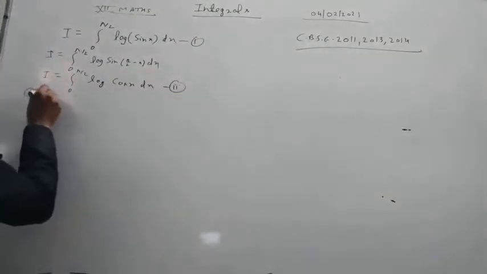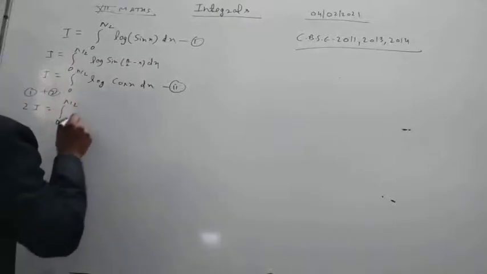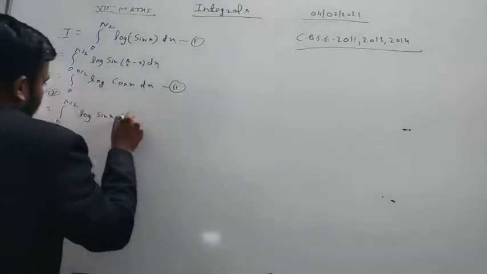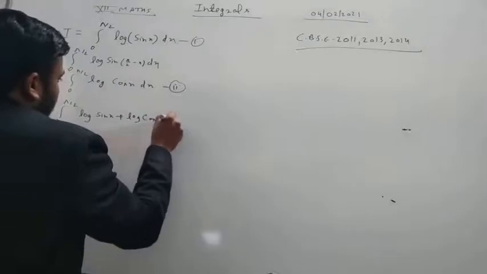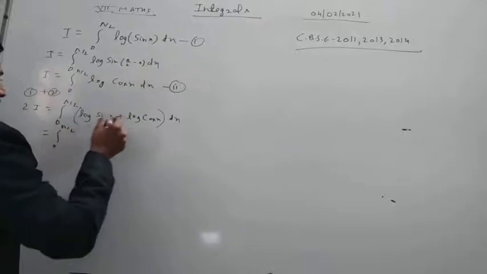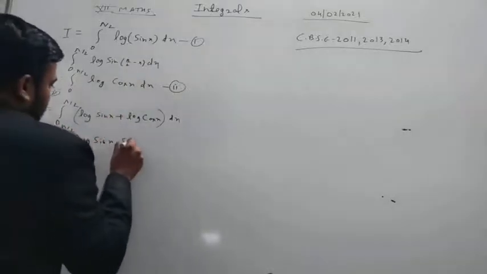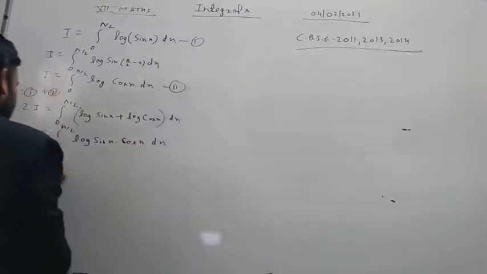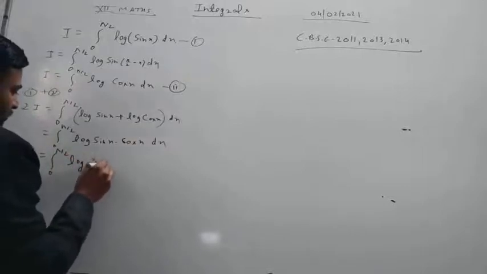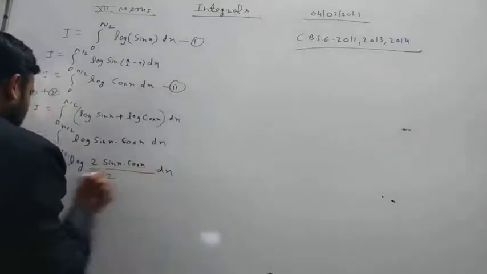Now adding first and second, we get 2I is equal to the integral from 0 to pi by 2 of log sin x plus log cos x dx. Now students, this is log m plus log n, so we can write log mn. Now the integral from 0 to pi by 2, we can write log (2 sin x cos x by 2) dx.